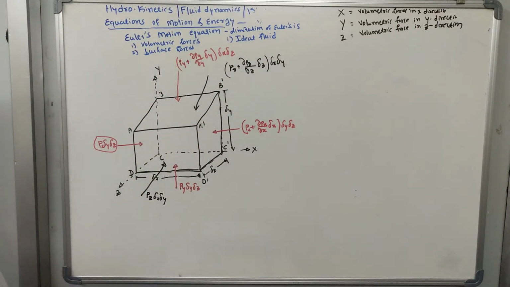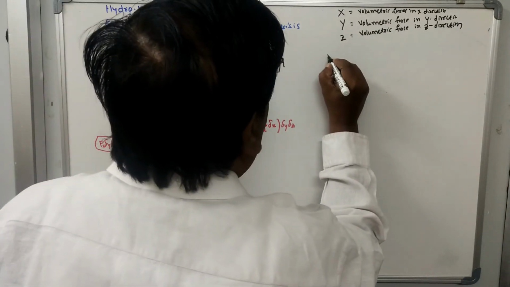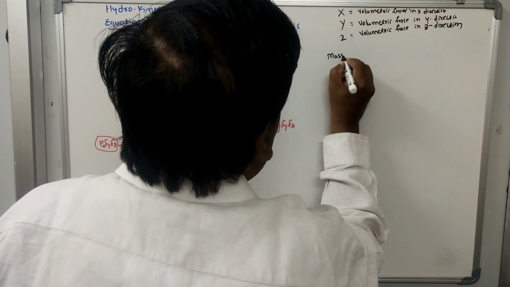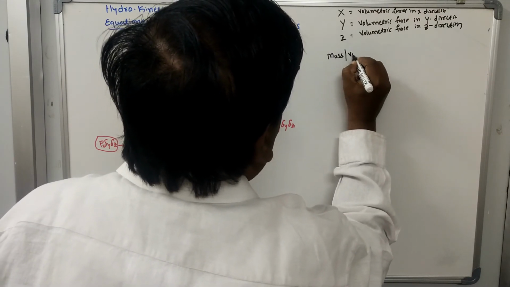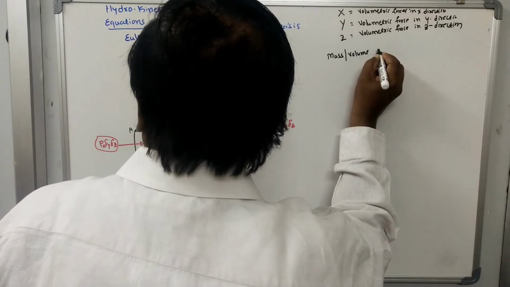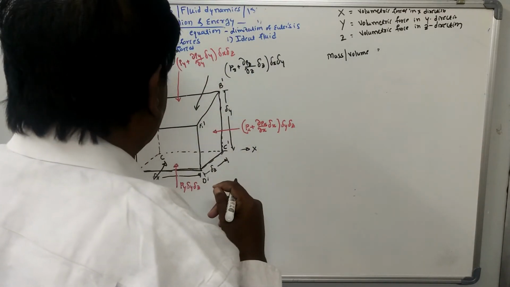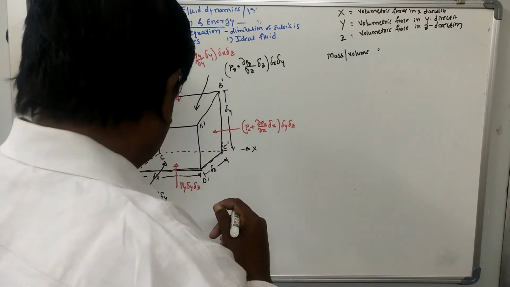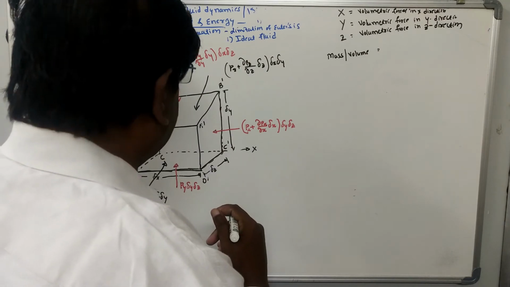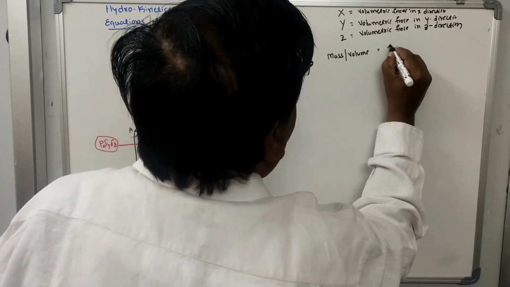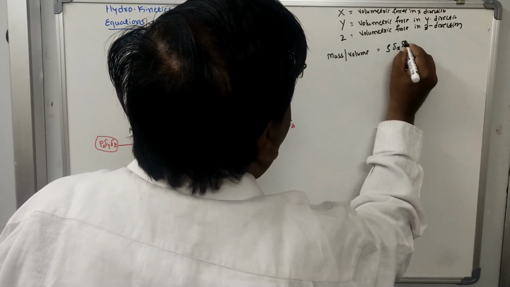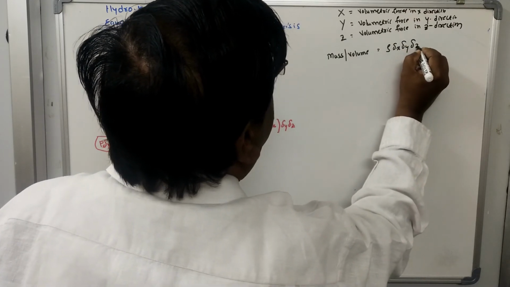Okay, then what is the mass in this parallelepiped A, B, B dash, A dash, D dash, D, C dash? That is rho delta x, delta y, delta z.